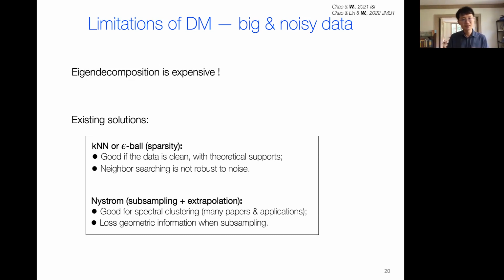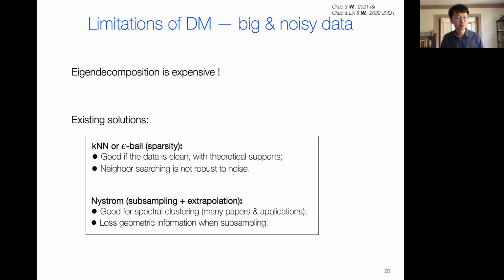The second approach is to say, hey, let's do Nyström extension, which means we do some subsampling from the big data set, run diffusion map over this subsample, and then we do extrapolation to recover everything for the whole database. It is usually good for spectral clustering because you only want the top few eigenvectors.